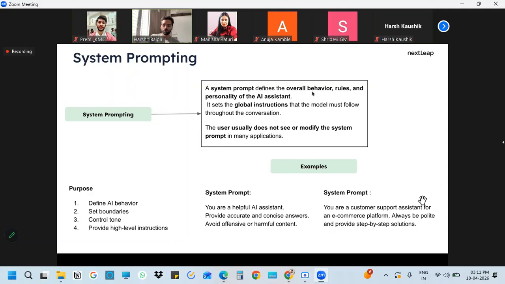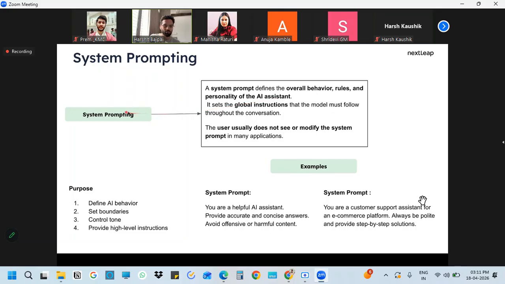You are a customer support assistant for an e-commerce company. You have to be polite and always provide solutions in a step by step format. Right? So this is the prompt to the system. We are telling the system that, hey, you are a helpful AI assistant. You are not going to go offensive in terms of language, not going to use foul languages, etc.